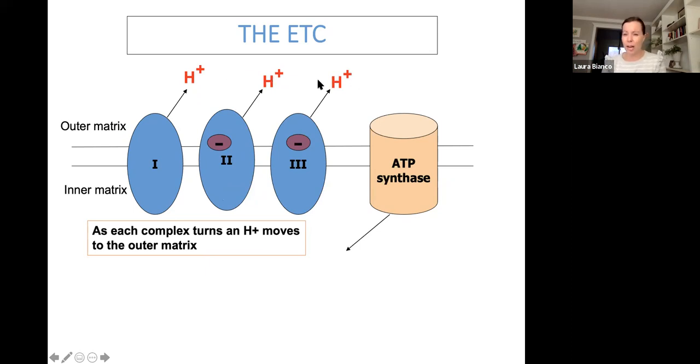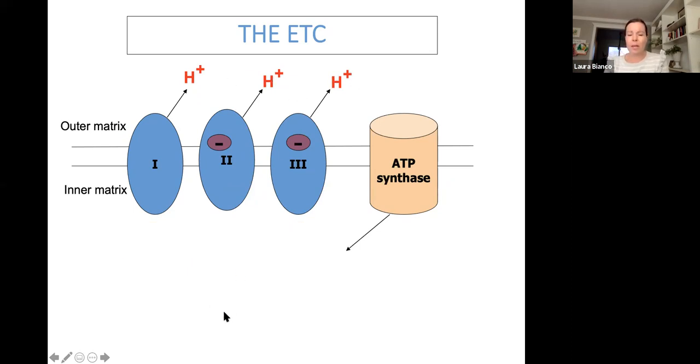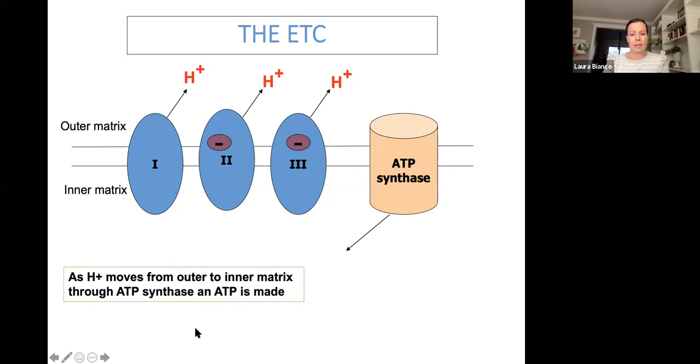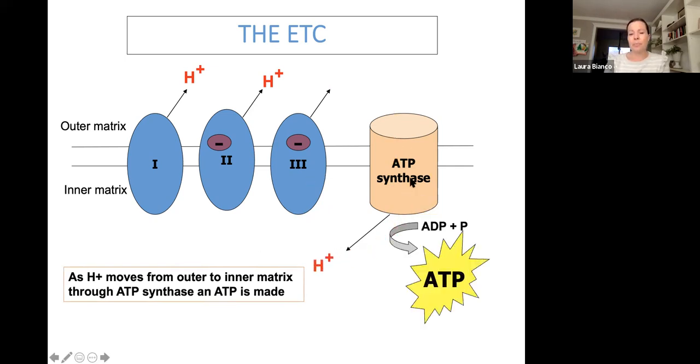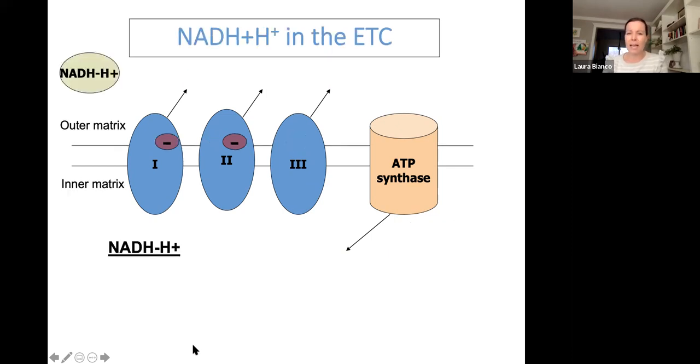That's why you saw the hydrogen ions moving out here. And then there's only one way for the hydrogen ions to get back in, and that is through ATP synthase. And as they move back in, they generate ATP.